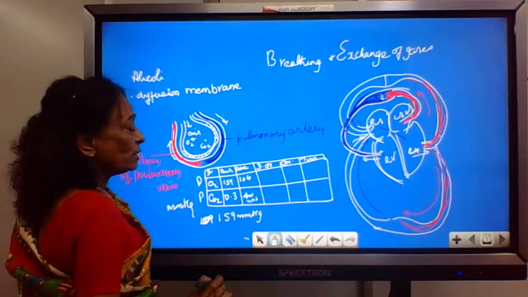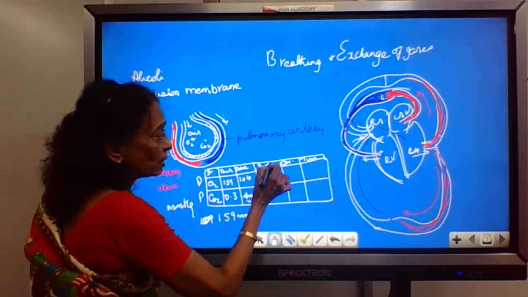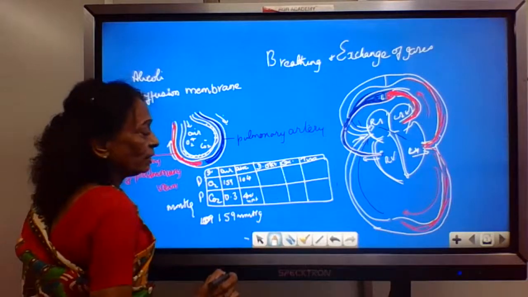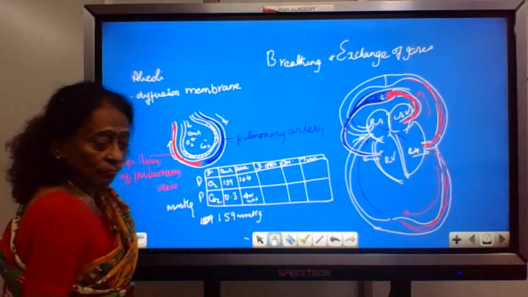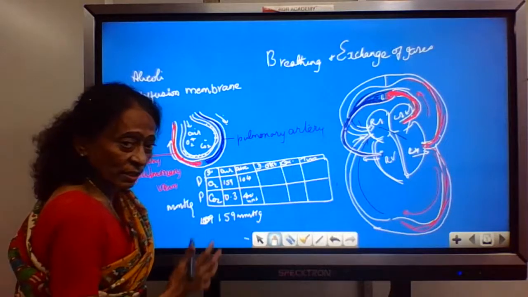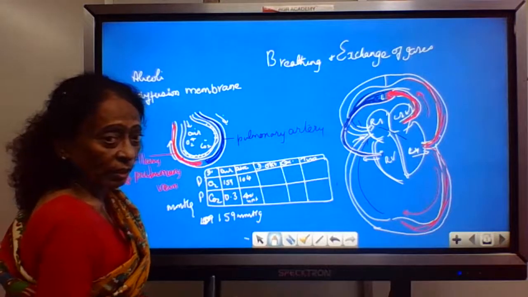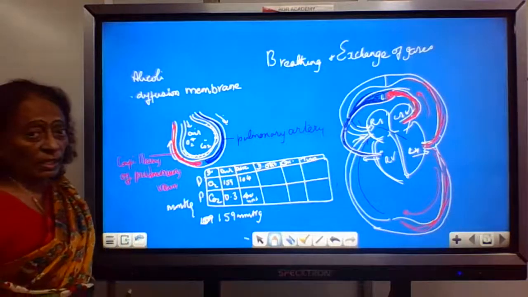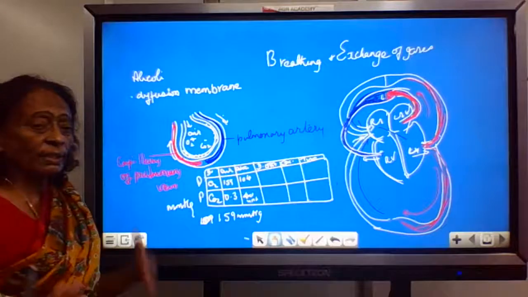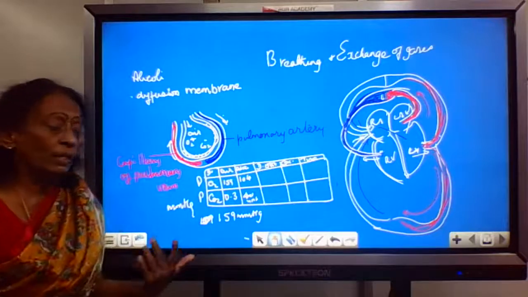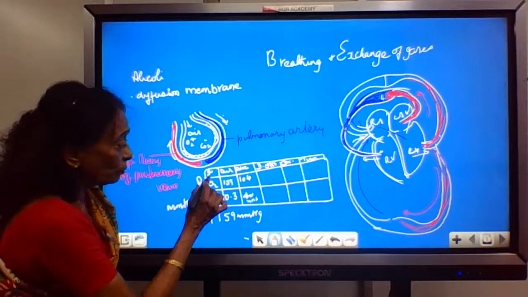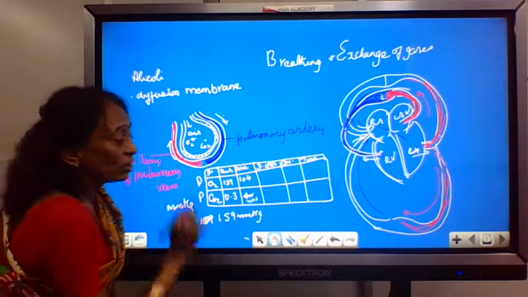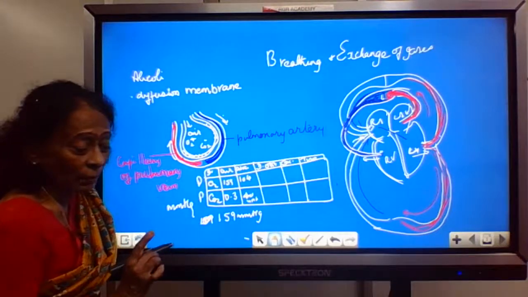Then what happens? Deoxygenated blood exchanges with the alveolar air. The gas exchange follows the concentration gradient. Diffusion is nothing but passive movement according to the concentration gradient. If CO2 is more on one side and less on the other side, automatically exchange will be there. So oxygen from the alveoli has to go into deoxygenated blood. How to remember the number?